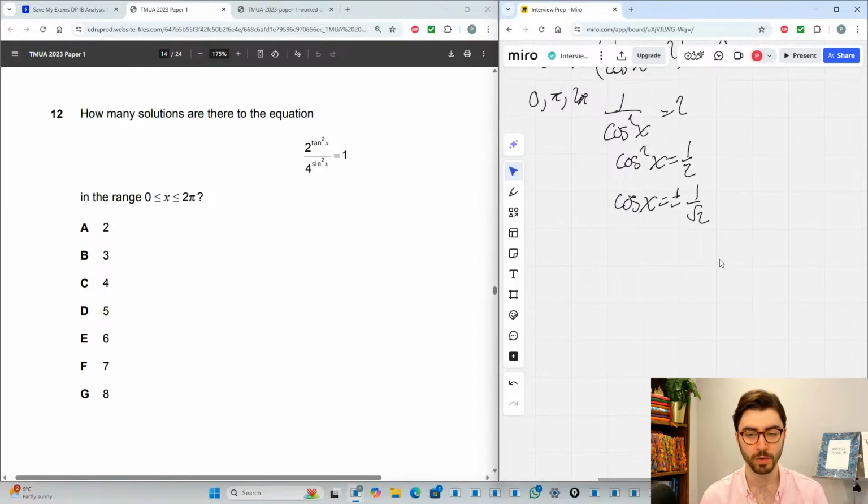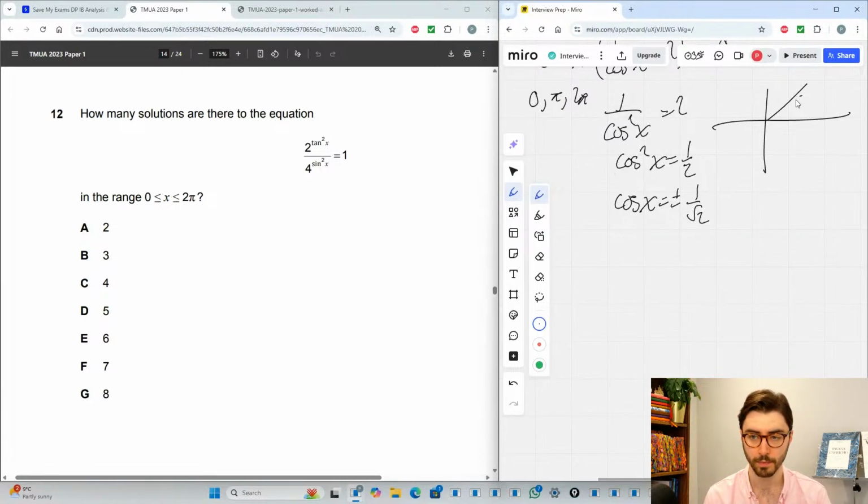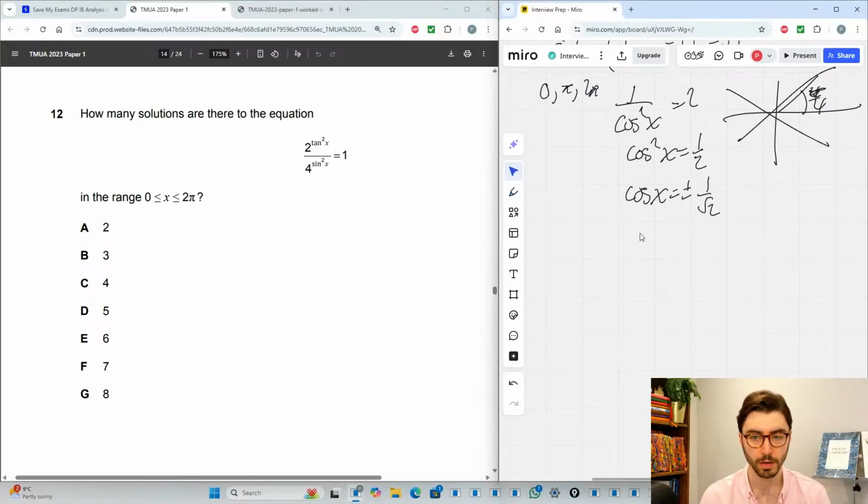Which will have 4 solutions, which is all the pi over 4 and its other values on the CAST diagram. So that's 7, which is F.